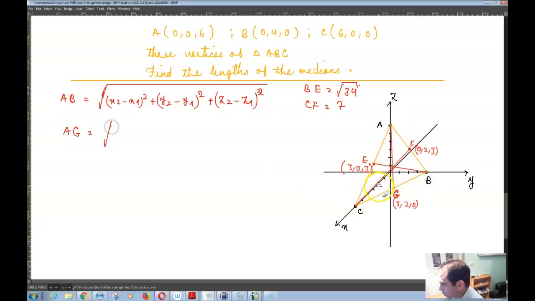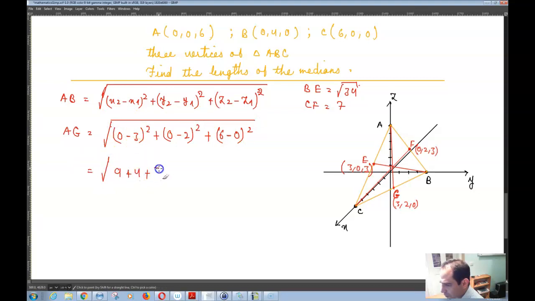AG is the square root of... So A is basically this point over here, and this is G. So 0 minus 3 whole squared plus 0 minus 2 whole squared plus 6 minus 0 whole squared, which is equal to the square root of 9 plus 4 plus 36. 13 plus 36 is equal to 49, which is equal to 7.